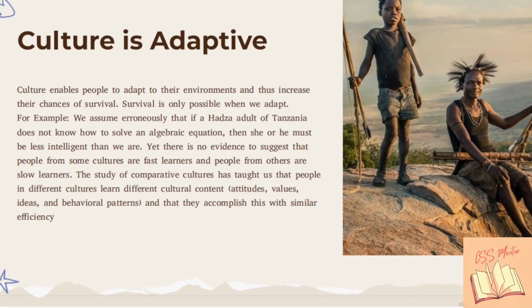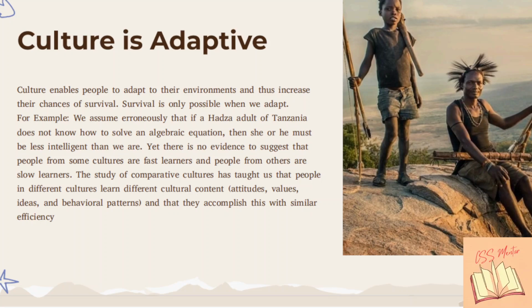Yet, there is no evidence to suggest that people from some cultures are fast learners and people from others are slow learners. The study of comparative cultures has taught us that people in different cultures learn different cultural content, the attitudes, values, ideas, and behavioral patterns, and that they accomplish this with similar efficiency.